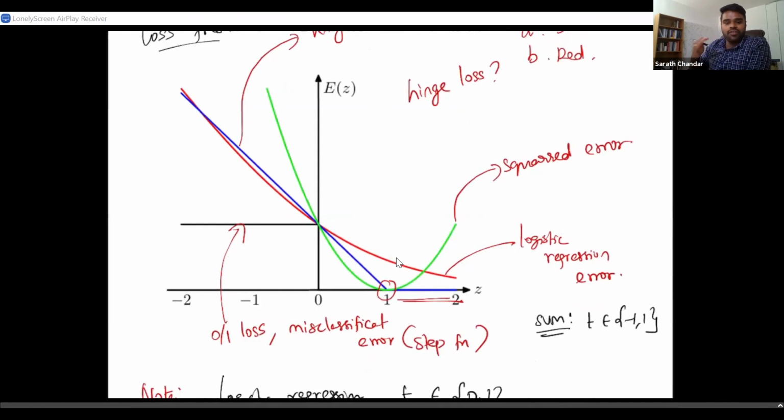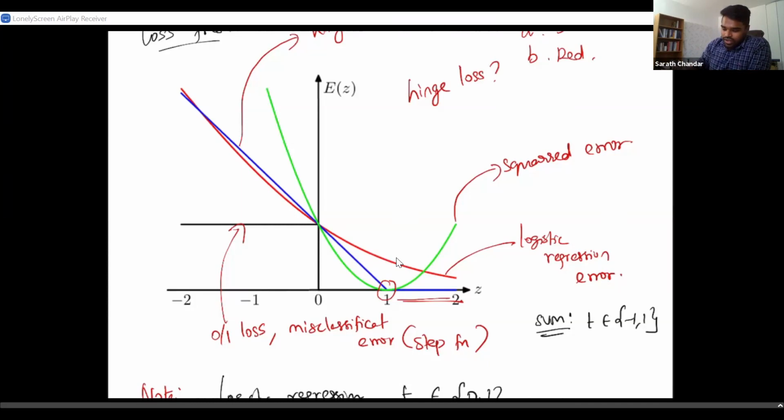Because of this reformulation, the error actually passes through 0, 1. You can see that the logistic regression and hinge loss are almost similar, except for the fact that hinge loss is a bit flat, right?